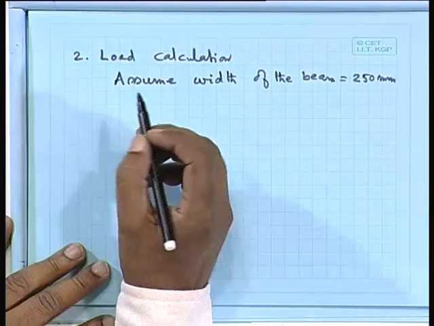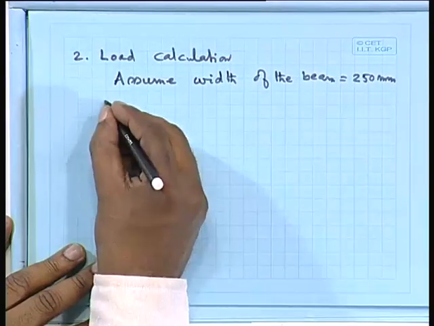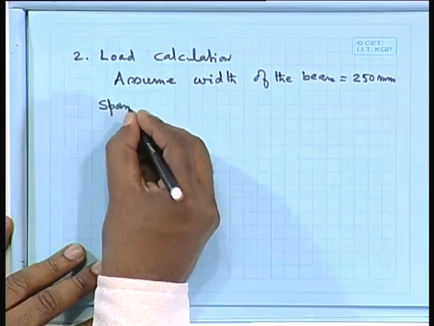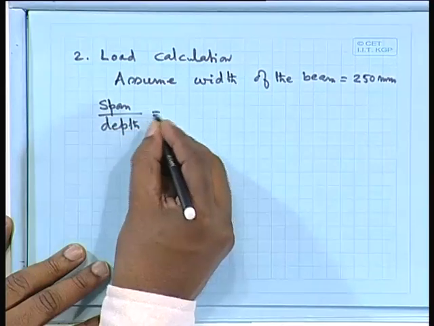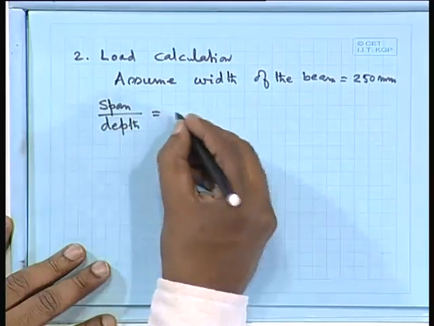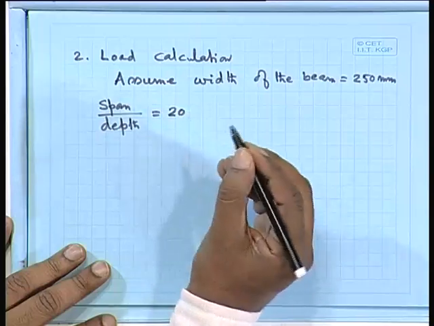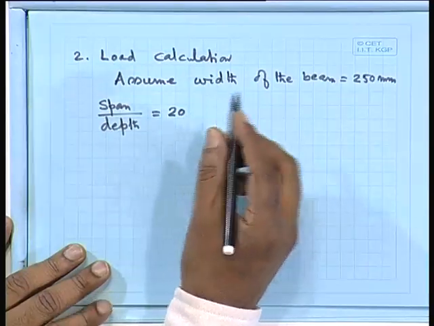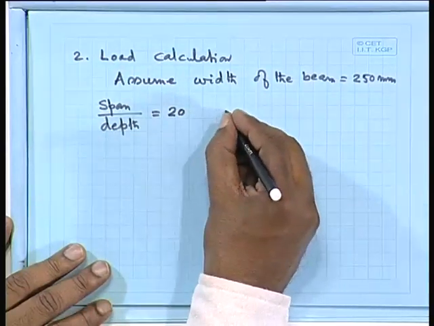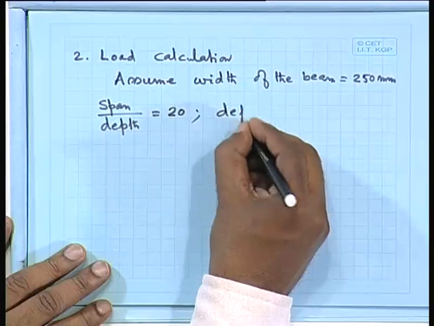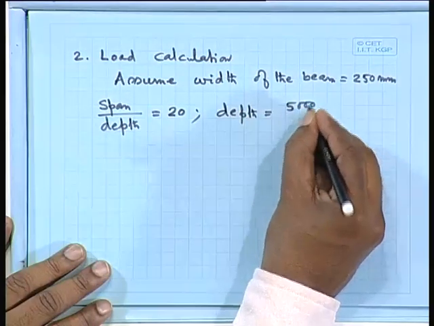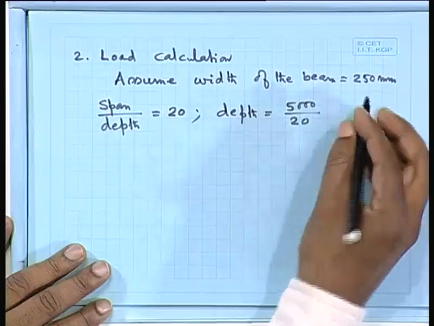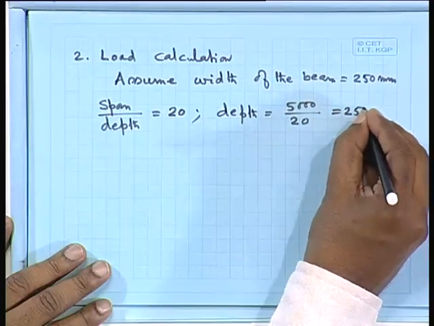If we take a span by depth, let us take say 20, because it is a simply supported beam. So what about the depth then? 5,000 by 20, which is coming as 250.